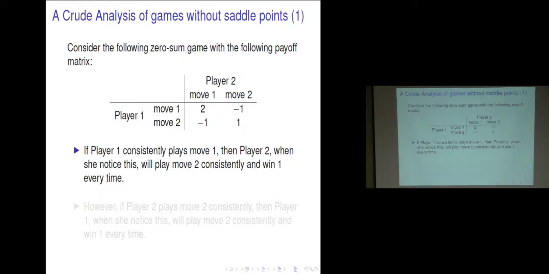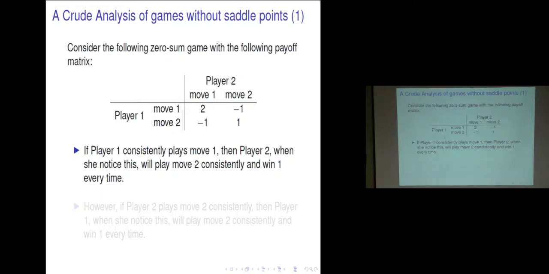But in real life, we may be unlucky. So let's consider the following zero-sum game with this payoff. This is just an artificial example, and here there are no saddle points. This is again a two-player game, and each player has two strategies or moves.